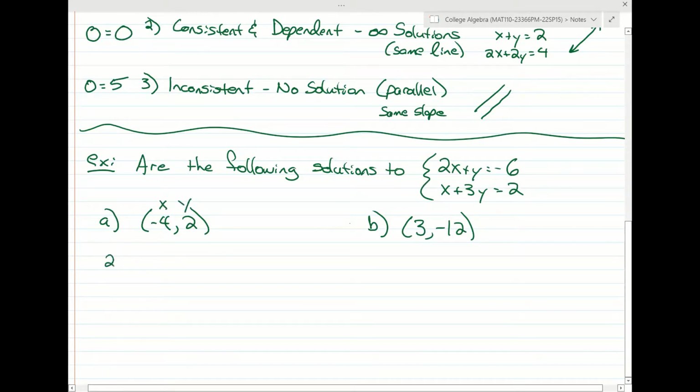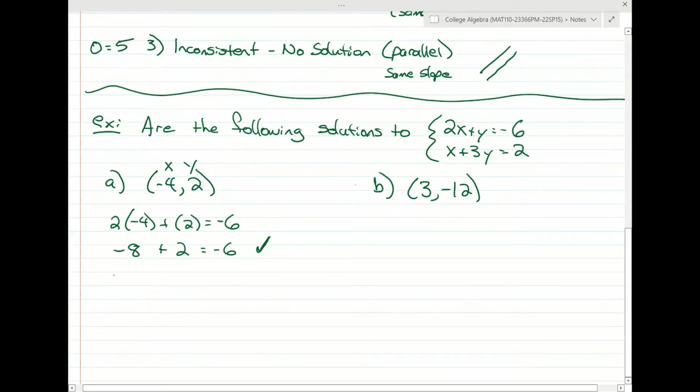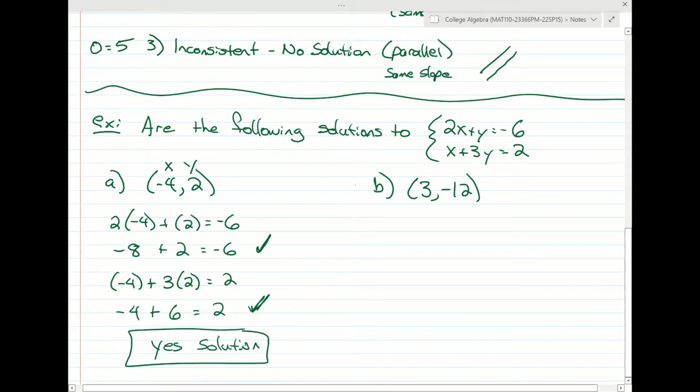We're going to get 2 times -4 plus 2 is equal to -6. -8 plus 2 is -6. So it works for the first equation. Let's see if it works for the second. X plus 3y is equal to 2. So -4 plus 6 is equal to 2. So I would say that this is a solution because it satisfies both equations.